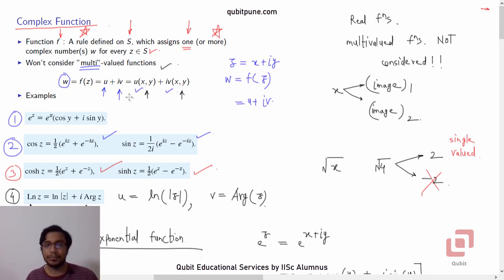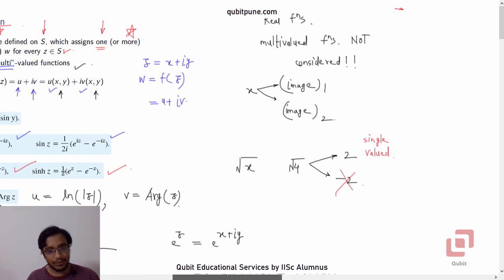The real part is u, common notation, the imaginary part is v. Now we'll answer the final question, how to graph a complex function. In the introduction I said that it is not as easy as it may look. Graphs of complex function. So let us now go to that.